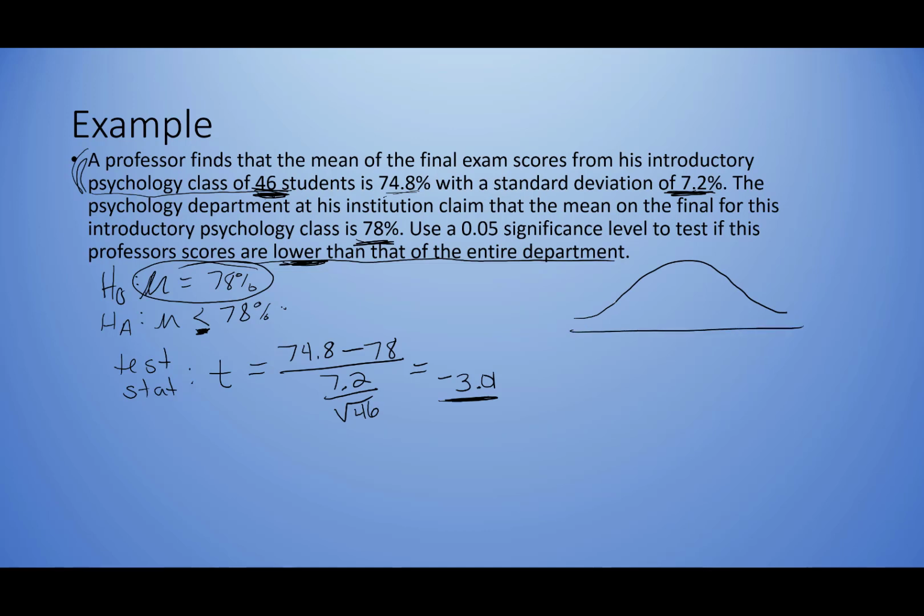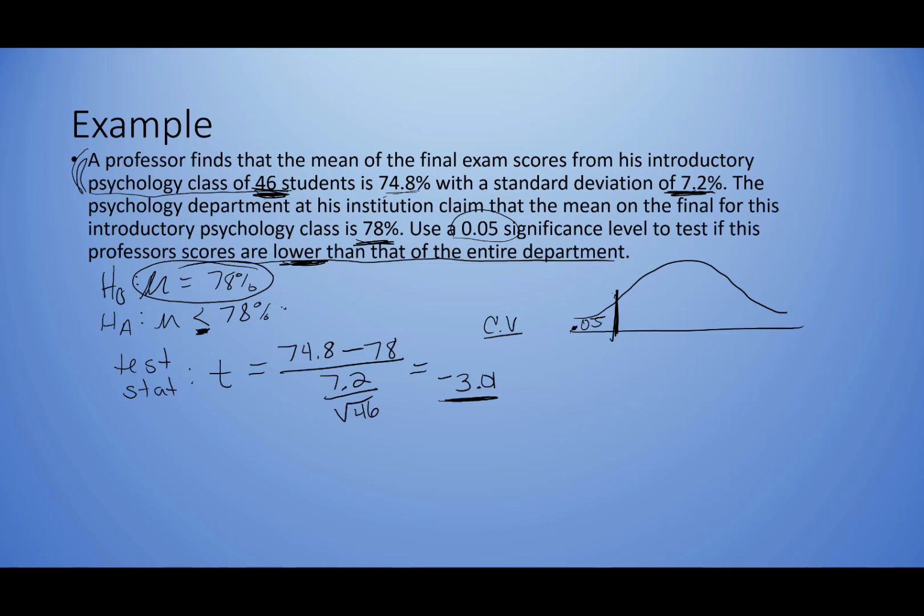So we have our normal curve, and I have a left-tailed test. Now, my 0.05 significance level, that represents the area of my rejection region down here. Notice I don't cut this one in half like we do on some of the other ones because it was not a two-tailed test.